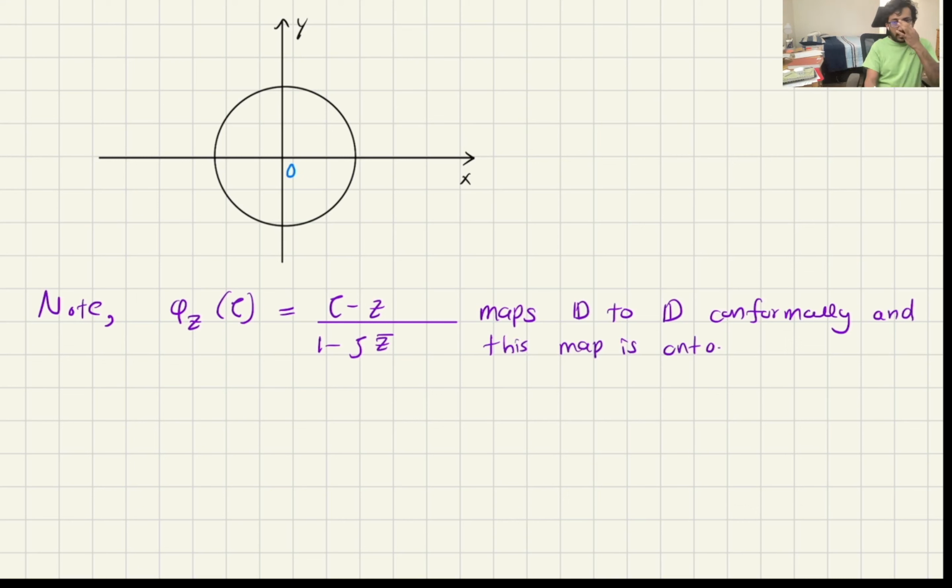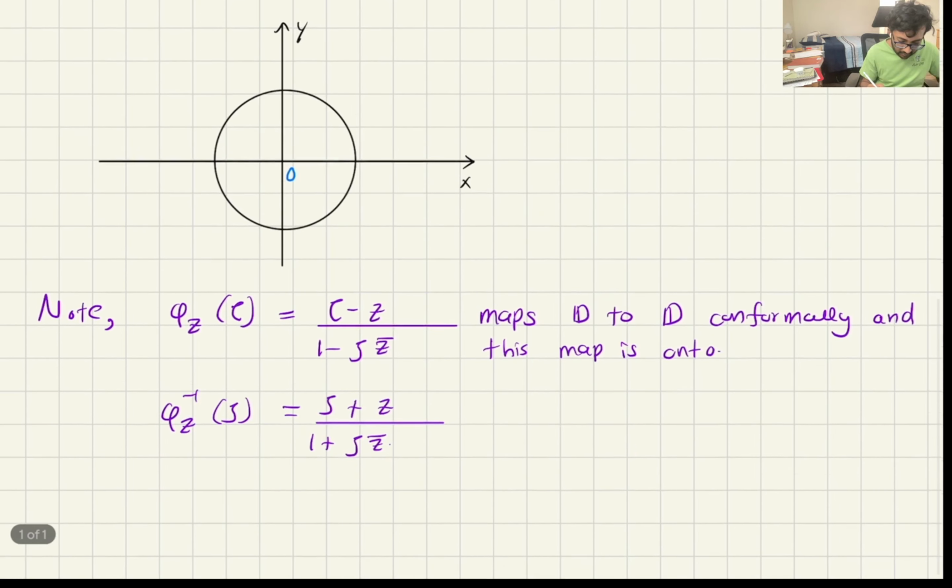That means I can define the inverse of this map. You can calculate its inverse, and you would get (tau plus z) divided by (1 plus tau z bar).